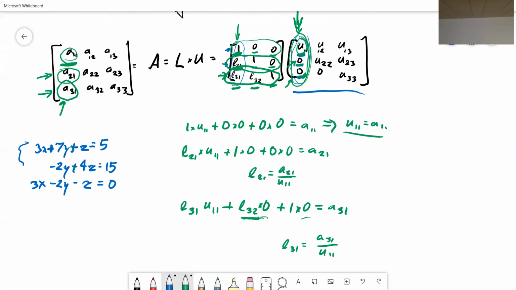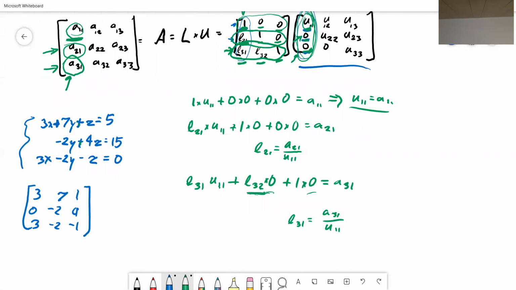We want to decompose the matrix of coefficients: 3, 7, 1, 0, minus 2, 4, 3, minus 2, minus 1.